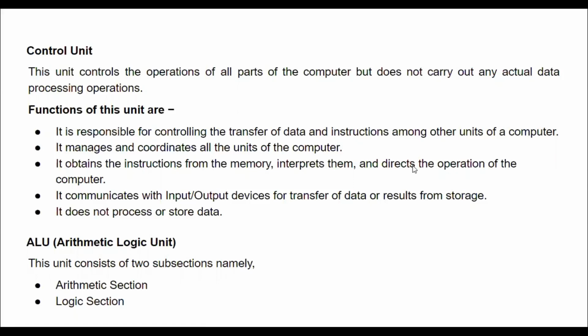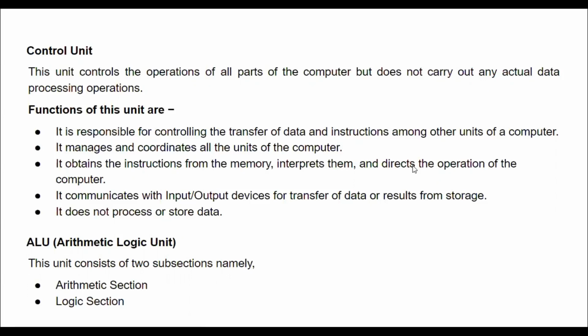The main functions of the control unit: first, it is responsible for controlling the transfer of data and instructions among other units of a computer. Also, it manages and coordinates all the units of the computer.